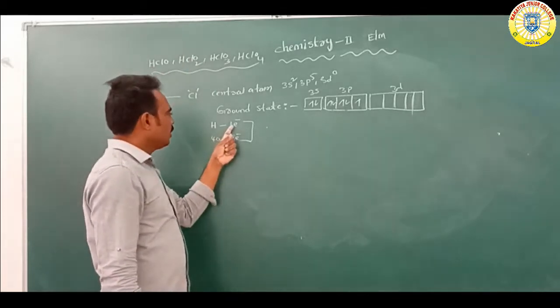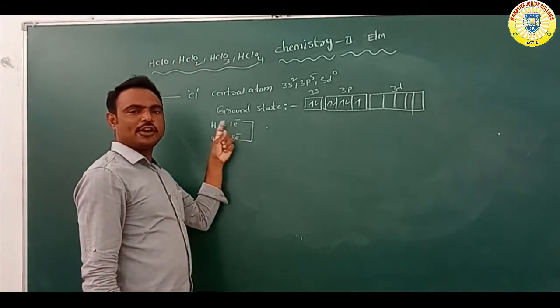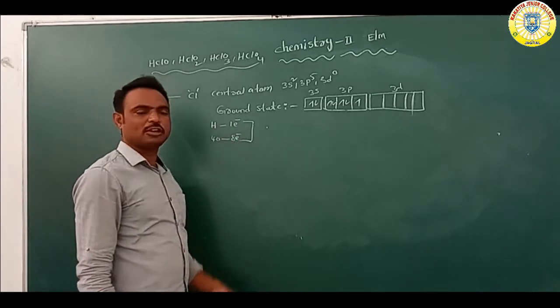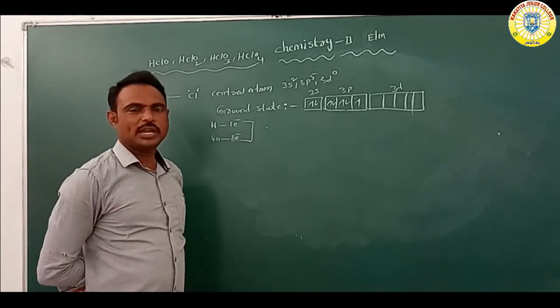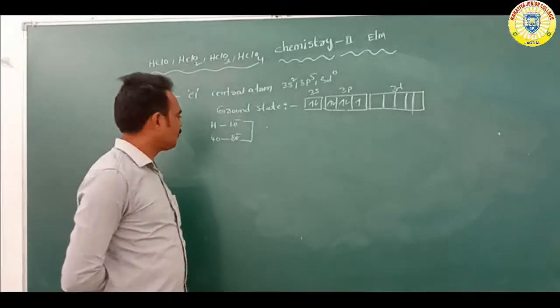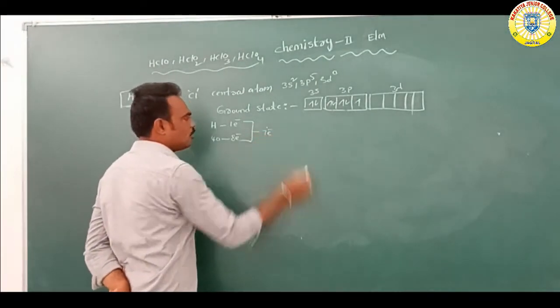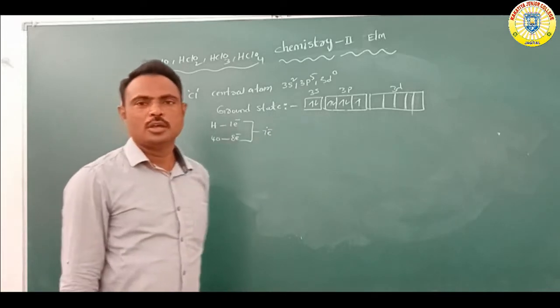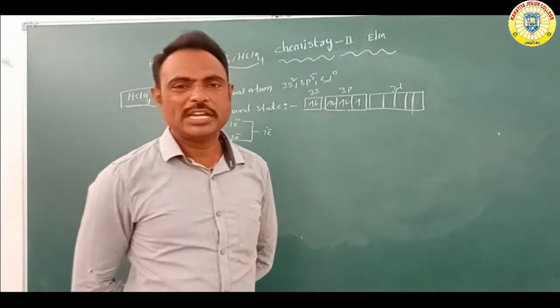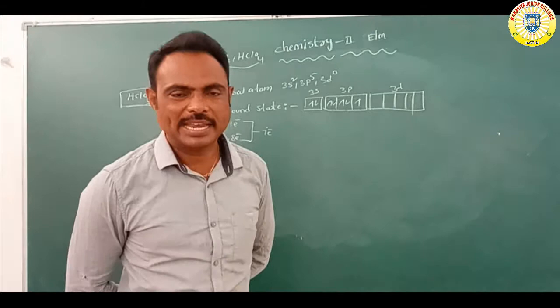So between one electron of hydrogen and one electron of oxygen, it has to form a hydroxy group. So the remaining 7 electrons, but chlorine in the ground state contains only one single electron.